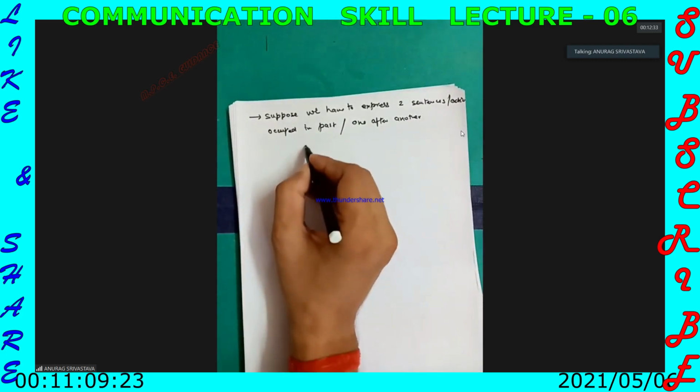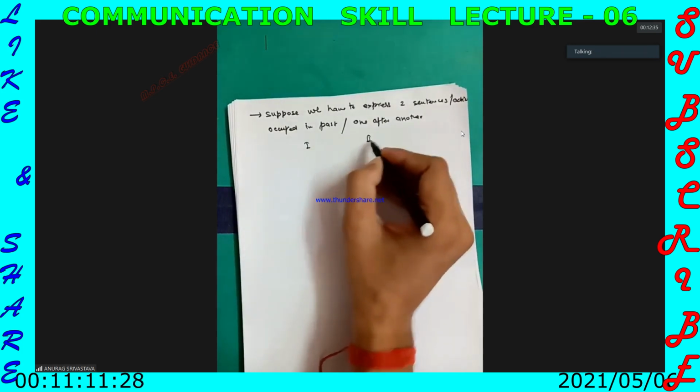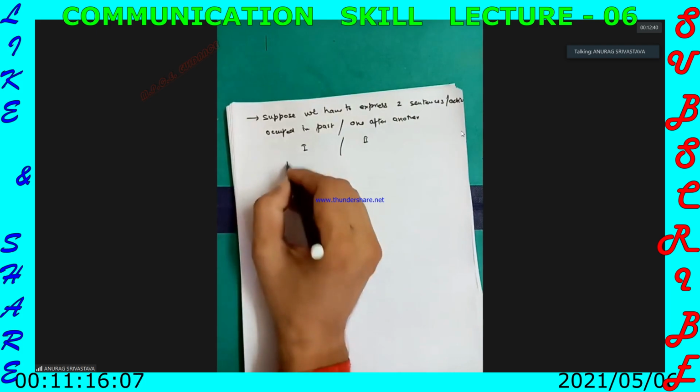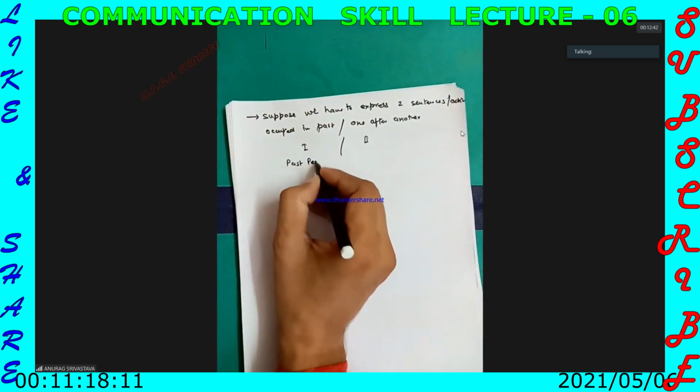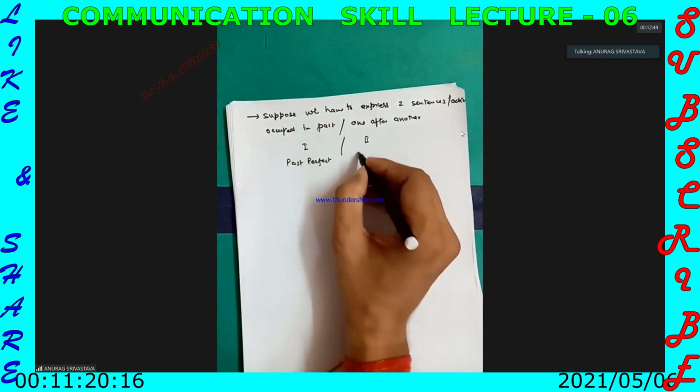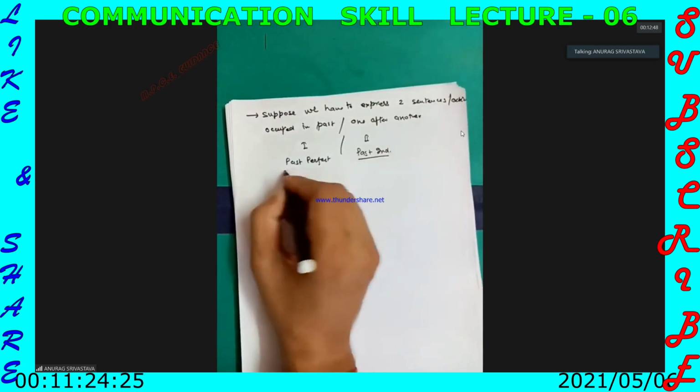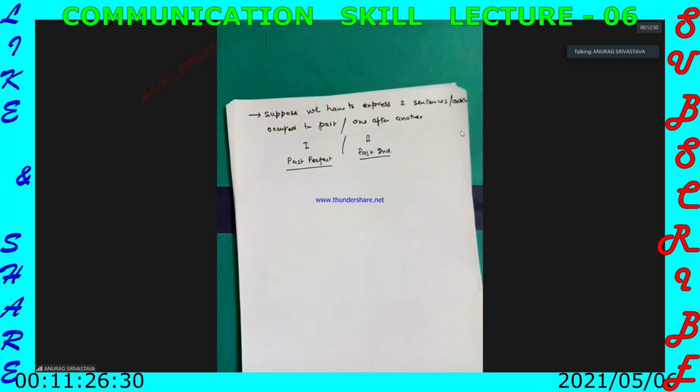Then there will be two parts in the sentence, first part and second part. The first action will be expressed in past perfect tense, and the second action will be represented with past indefinite tense. Clear? I think all of you are familiar with those types of sentences.